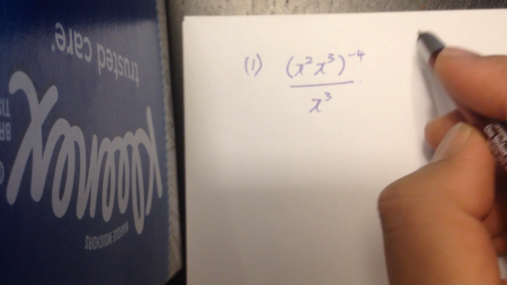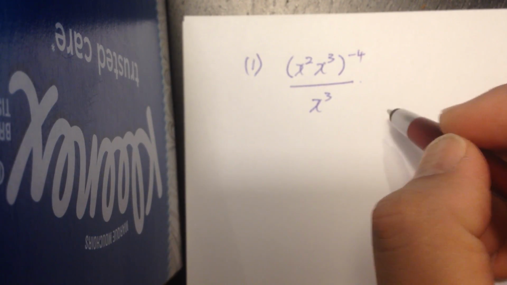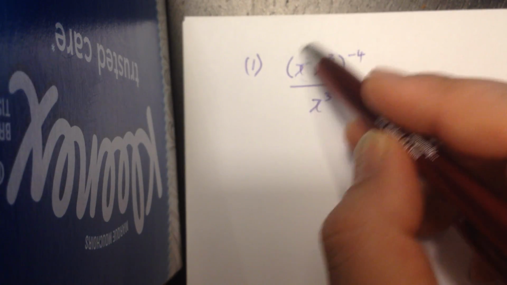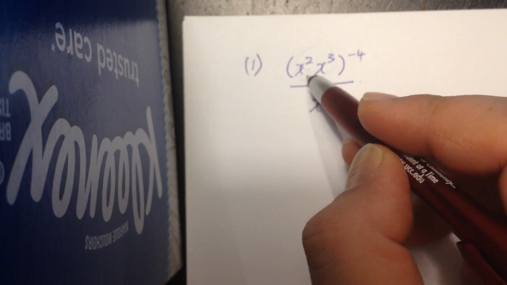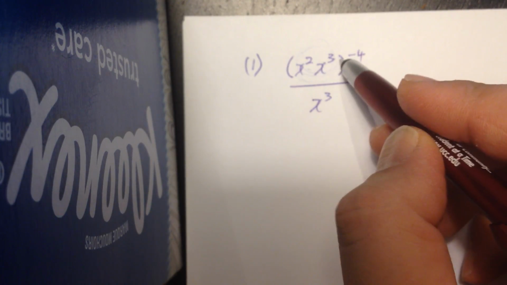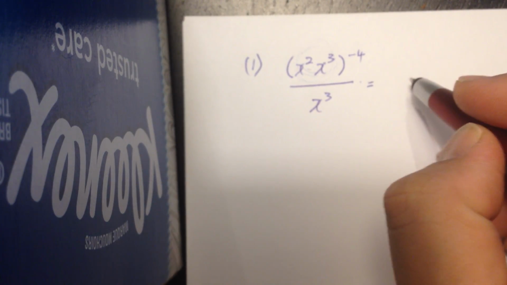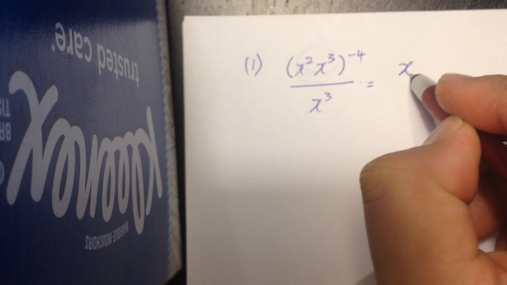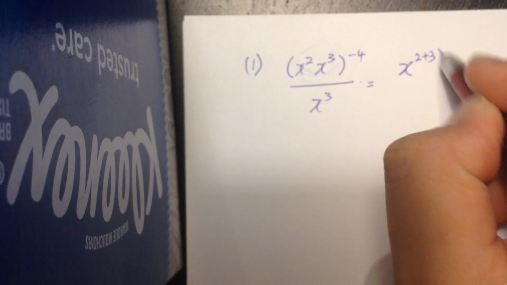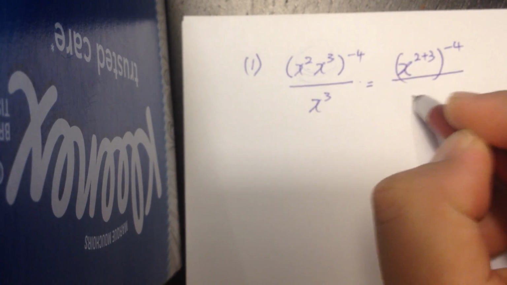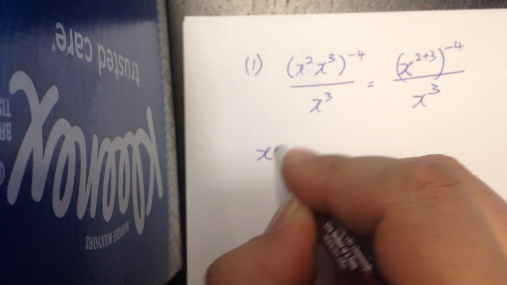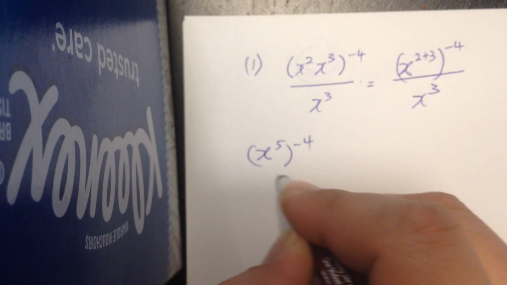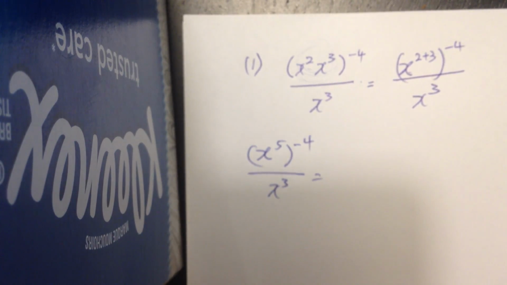Obviously, I'm going to first of all follow the PEMDAS, meaning the parentheses first. So when I'm multiplying the same variable, I'm adding the exponents. So this is what I'm going to have, and obviously which will lead to this.